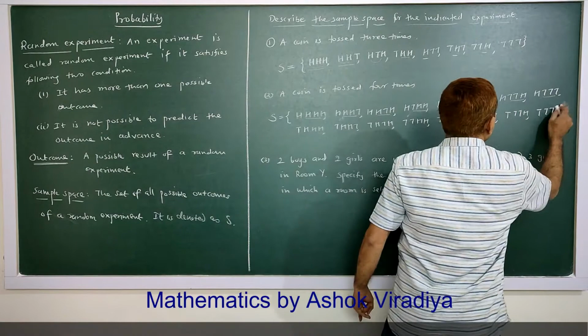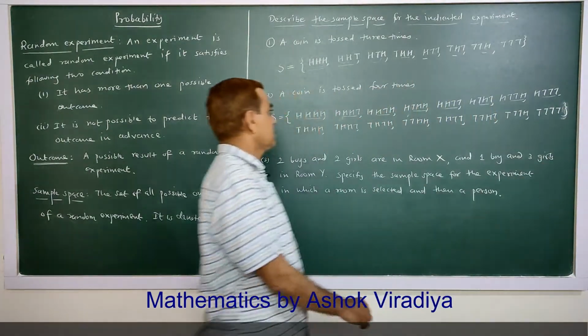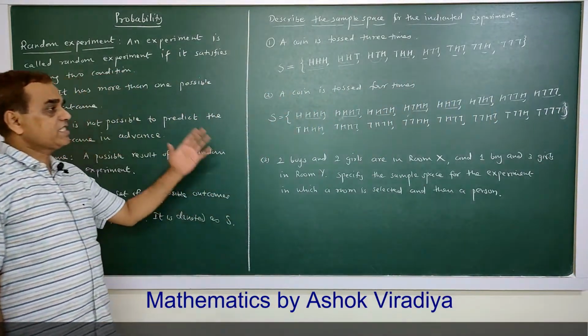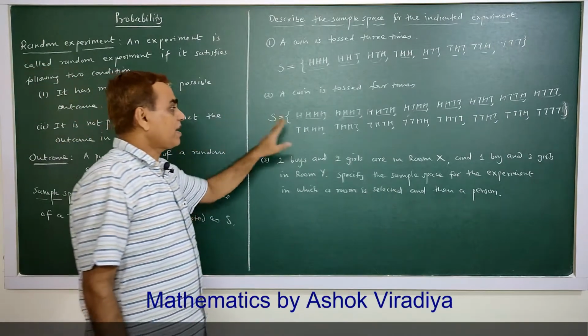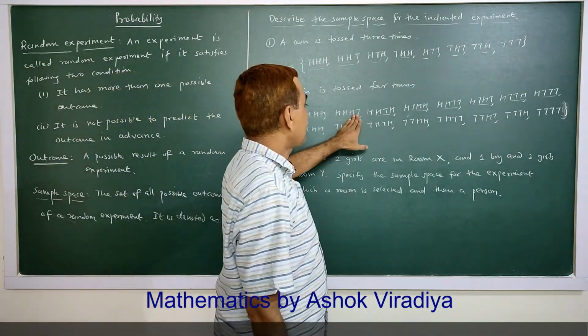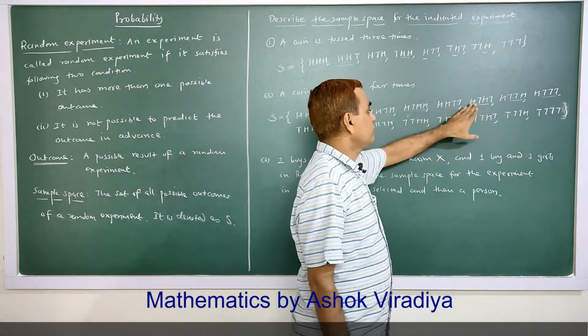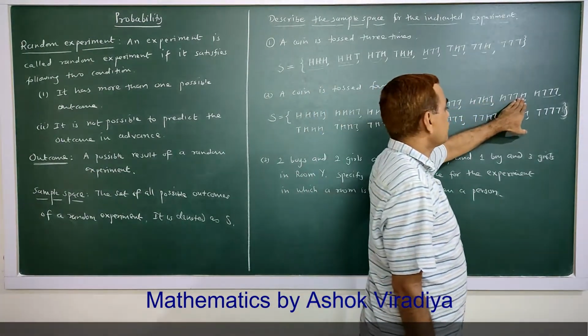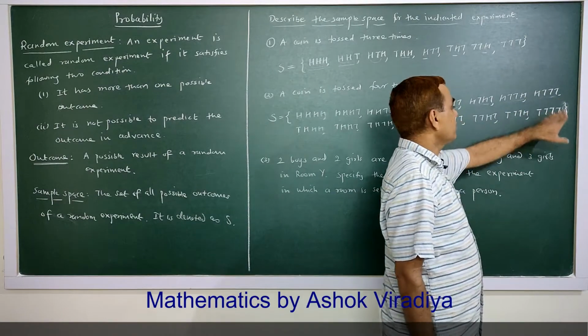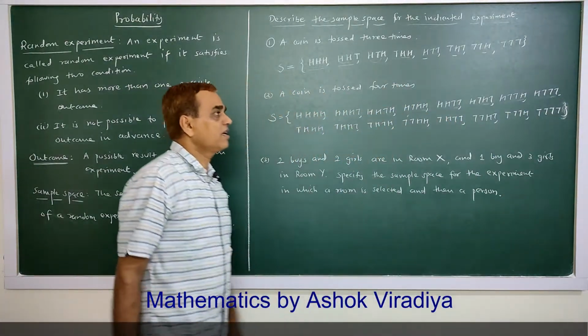So these are the 16 outcomes when a coin is tossed 4 times. If a coin is tossed 5 times, the number of outcomes is 2 raised to 5. If a coin is tossed 6 times, the number of outcomes is 2 raised to 6, like this.